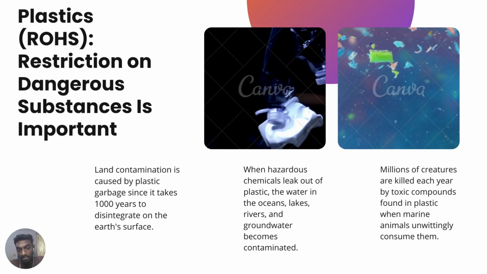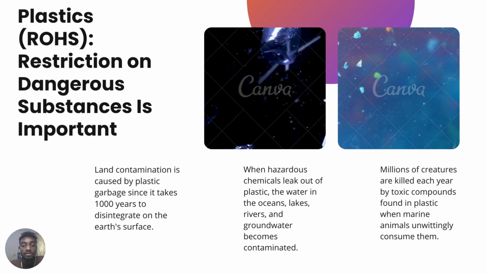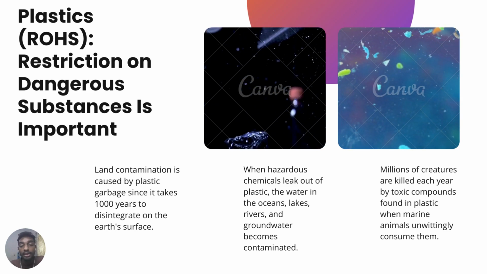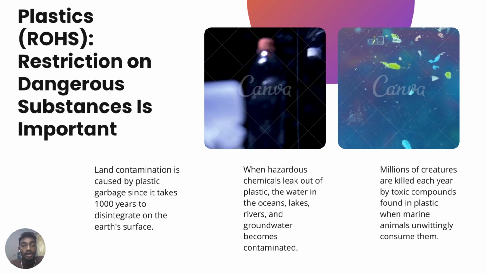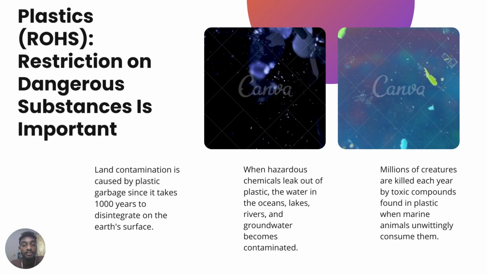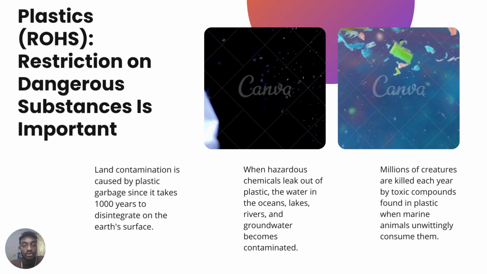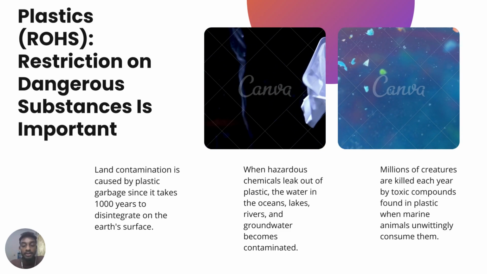So next, millions of creatures are killed each year by toxic compounds found in plastic when marine animals unwittingly consume them. So it not only affects human beings, it's also affecting marine animals which are consuming them.